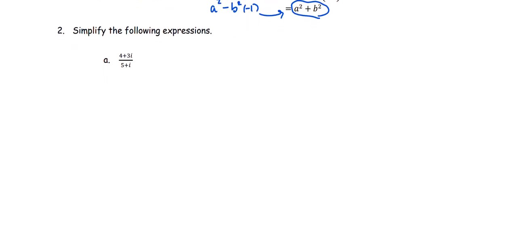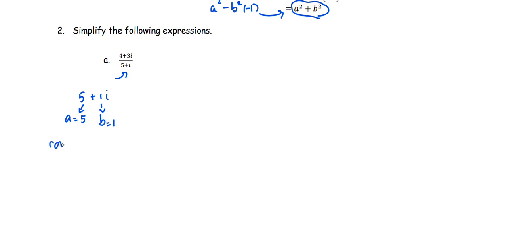We use the complex conjugate to simplify the expression when the denominator is in complex form. In this case, the denominator is 5 plus i, which is 5 plus 1 times i, so a is 5, b is 1.